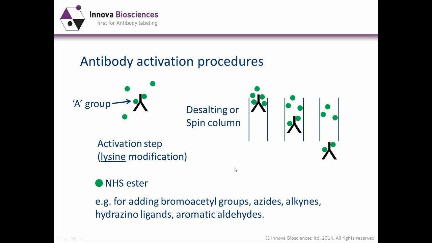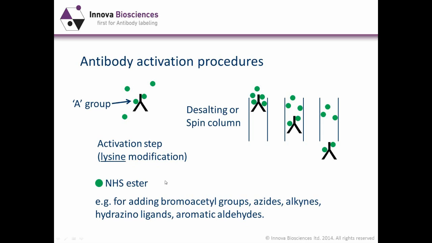Okay, let's have a look at a little bit more antibody activation procedures. As I said, they can be used to introduce A groups, which may be required for your conjugation reaction. This activation step nearly always involves lysine modification. Again, you would use NHS esters.